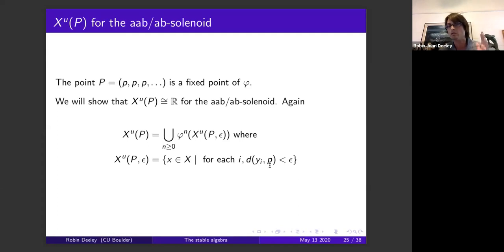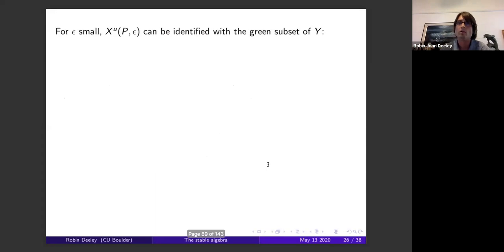Notice here, in a shocking event, I don't have a typo where I put 1 still here, right? I changed it to P, right? P is the wedge point of the two circles, right? So we're saying that all the iterates are close to this wedge point. Now, we want to identify that as a subspace inside now the wedge of the two circles. So I want you to take 30 seconds, 20 seconds, whatever you feel like, and think, what green region is Robin going to show us in a second, right?